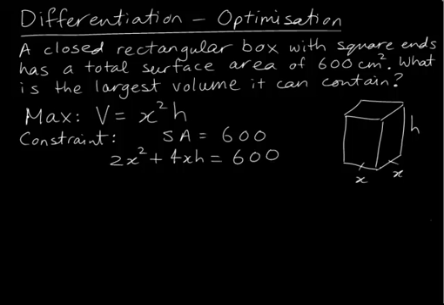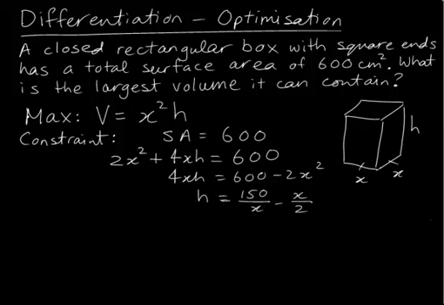Now what I'm going to do here is to rearrange this so that I get h in terms of x. Okay, so 4xh equals 600 minus 2x squared, which means that h must be equal to 150 over x minus x over 2.